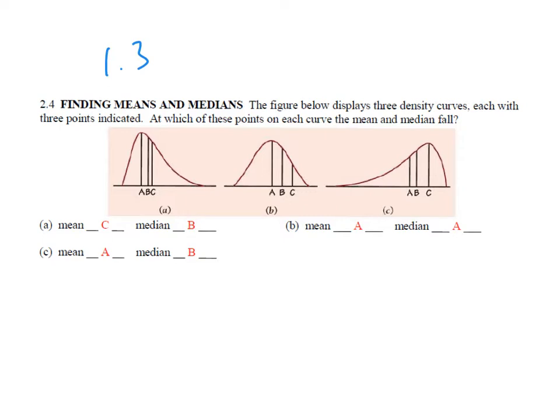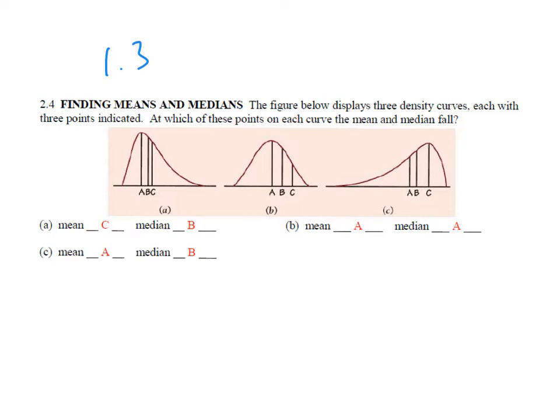Mean is like the average, median is like the middle number. Oftentimes we like the median better because it's more resistant to a skew. Measures of center get pulled in the direction of the skew.